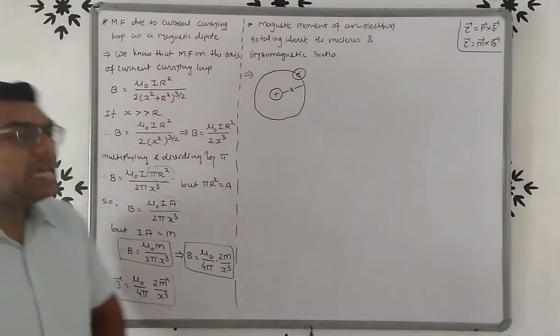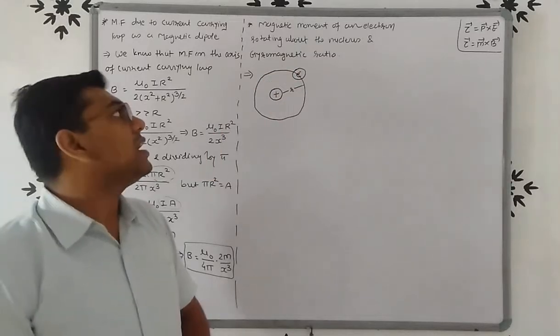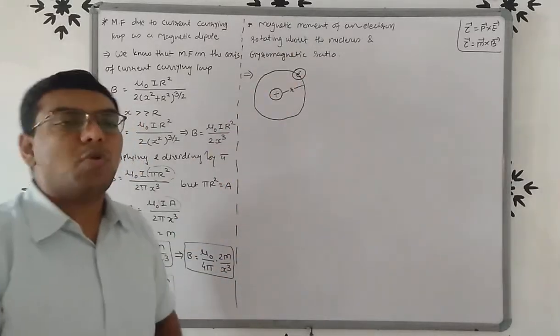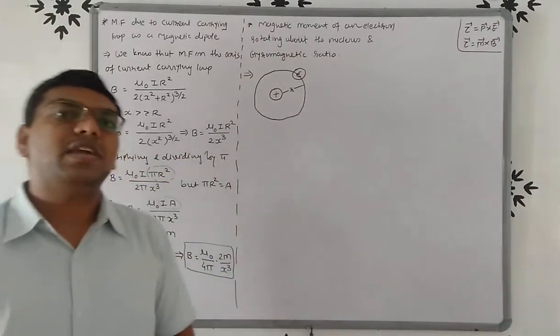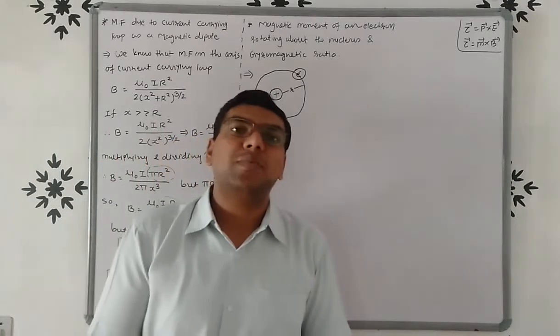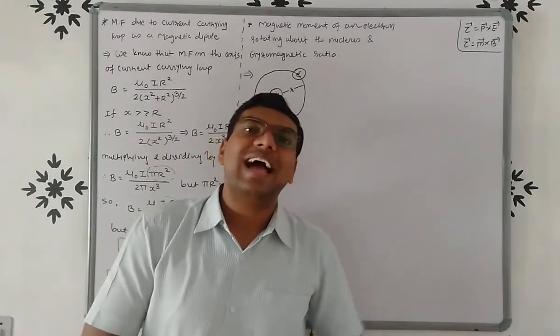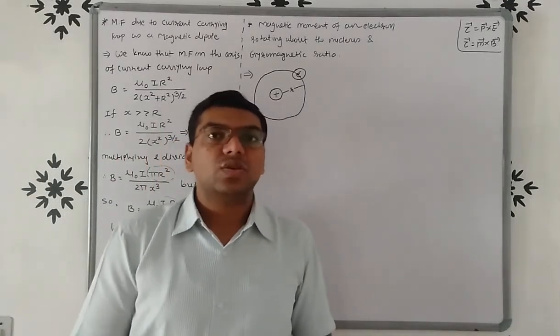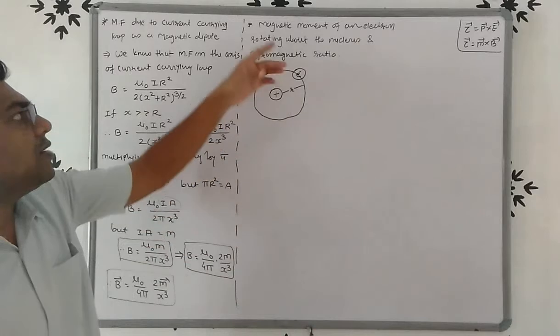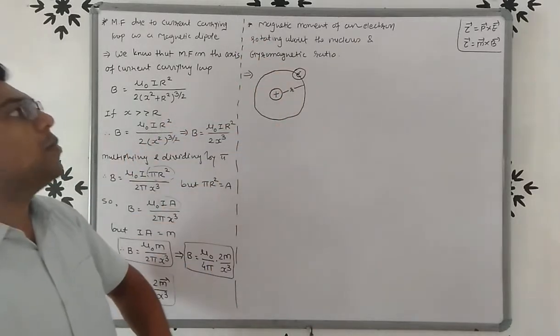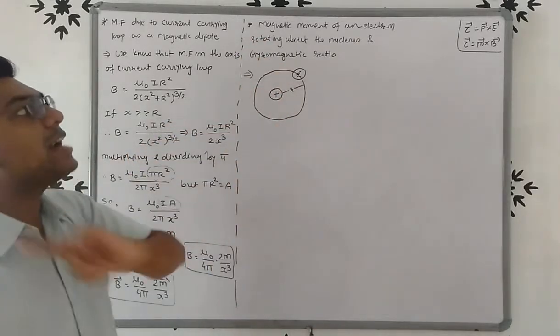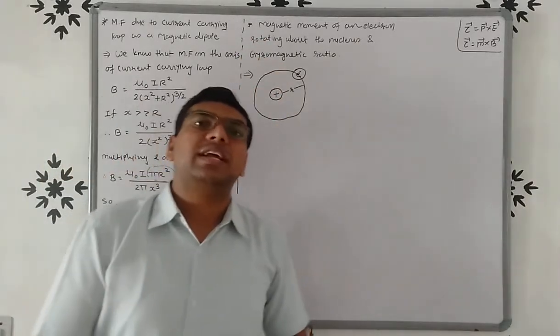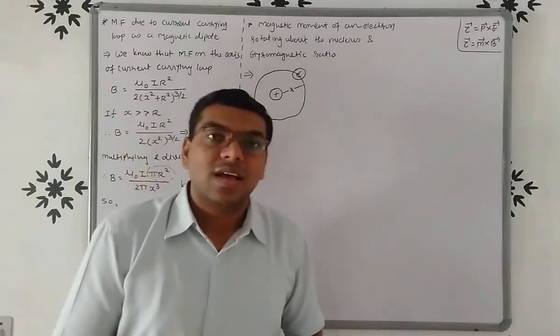So friends, here we have to derive the equation of magnetic moment. Once again, we already know that magnetic moment is equal to IA. So here we have to find the equation of magnetic moment for an electron which is rotating about the nucleus, right?